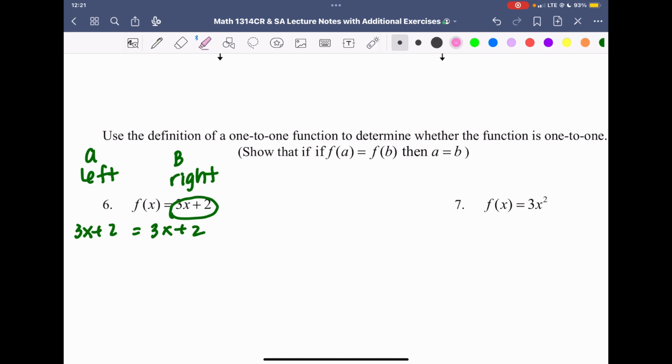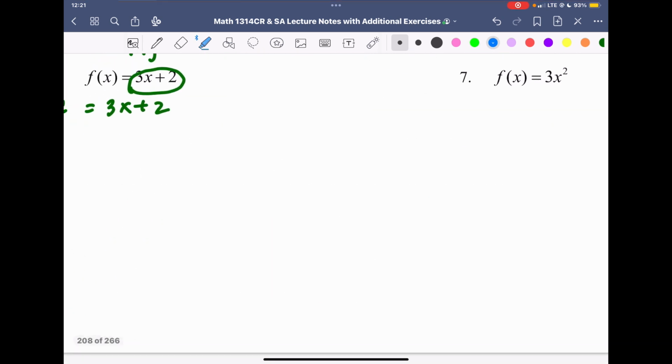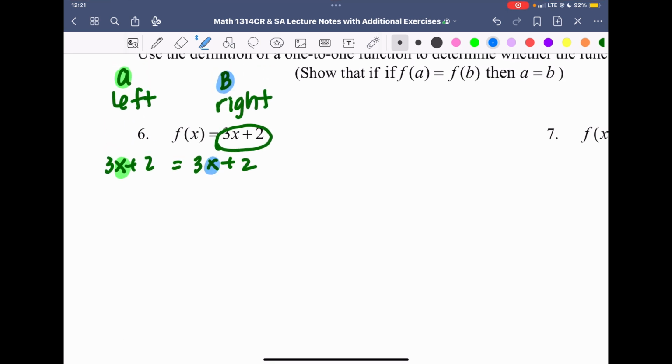And once you do that, A is going to go for the X on the left and the B is going to go for the X on the right. So A is on the left, B is on the right. It ends up being 3A plus 2 equals 3B plus 2.